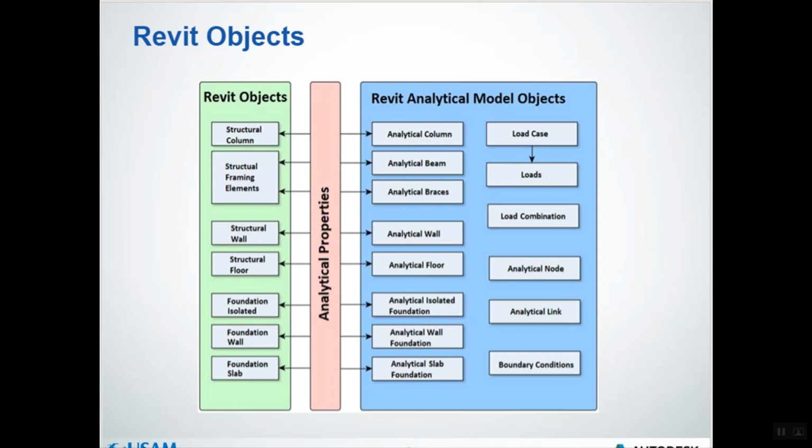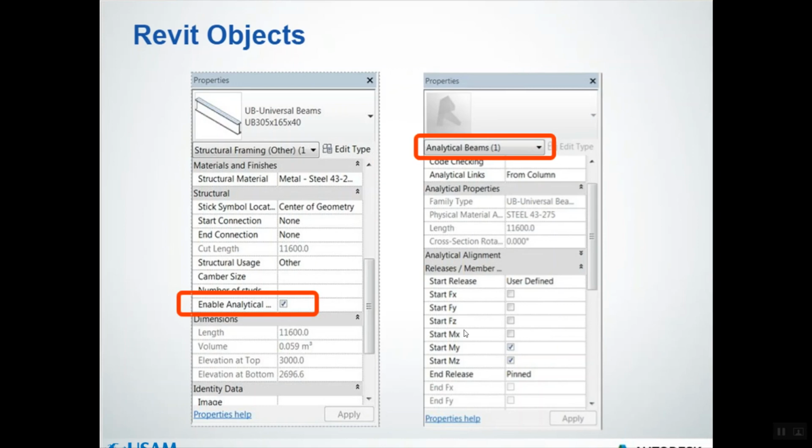It's not the structural column or the structural beam that will be exported to your Robot. Only your analytical column and analytical beam will be exported to Robot. So as I said, you should have the analytical properties in a structural column or structural beam or structural frame so that it will be exported to Robot.